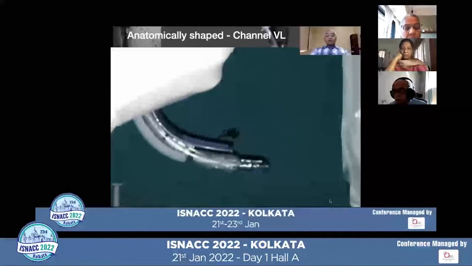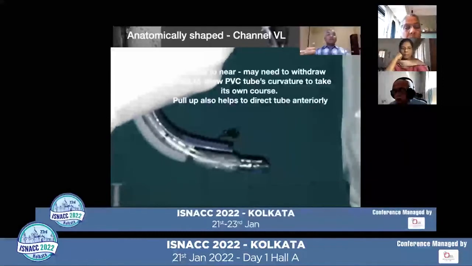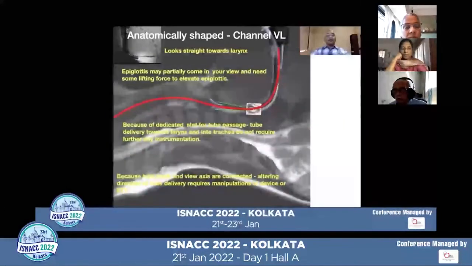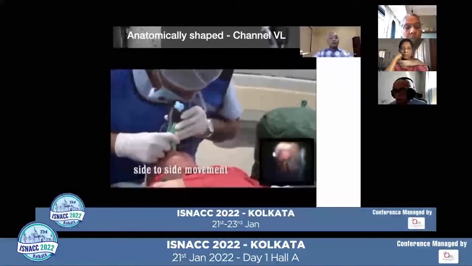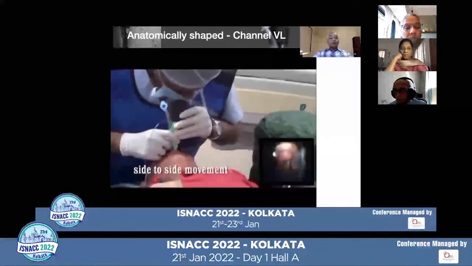So you need to withdraw the device to allow the PVC tube curvature to take its own course, or you may need to pull up to help direct the tube anteriorly. Also, you can do side-to-side movement of the device so that the tube trajectory can be altered towards the laryngeal opening.